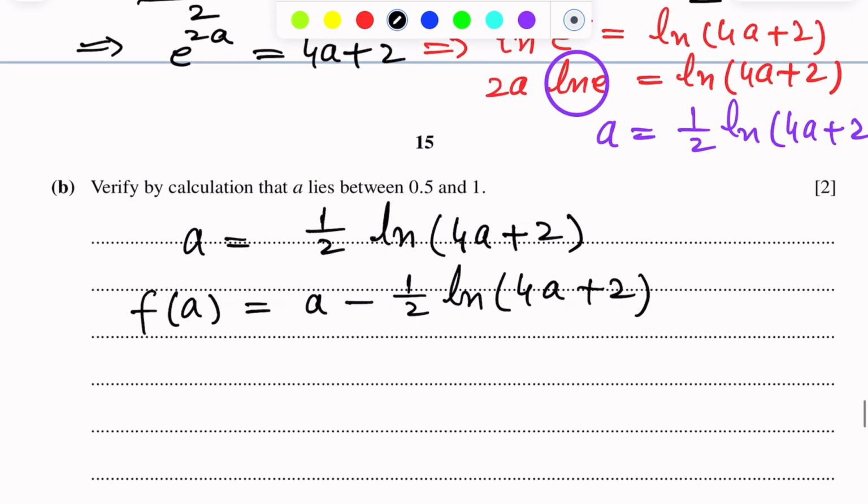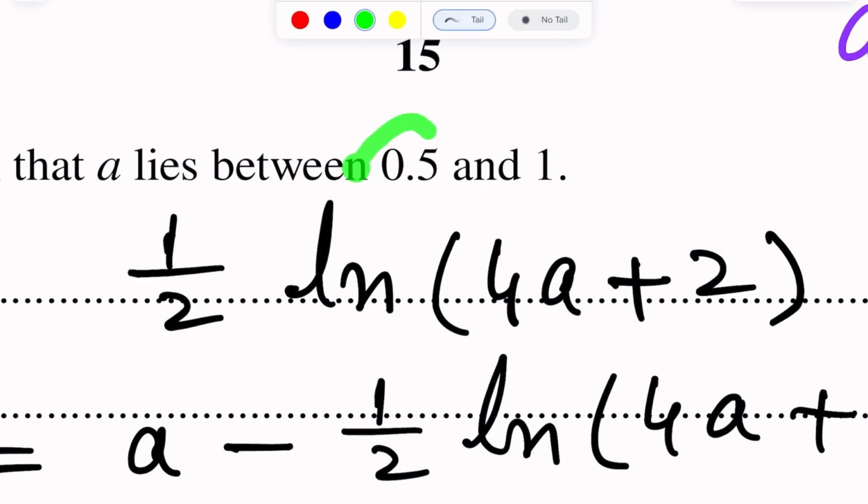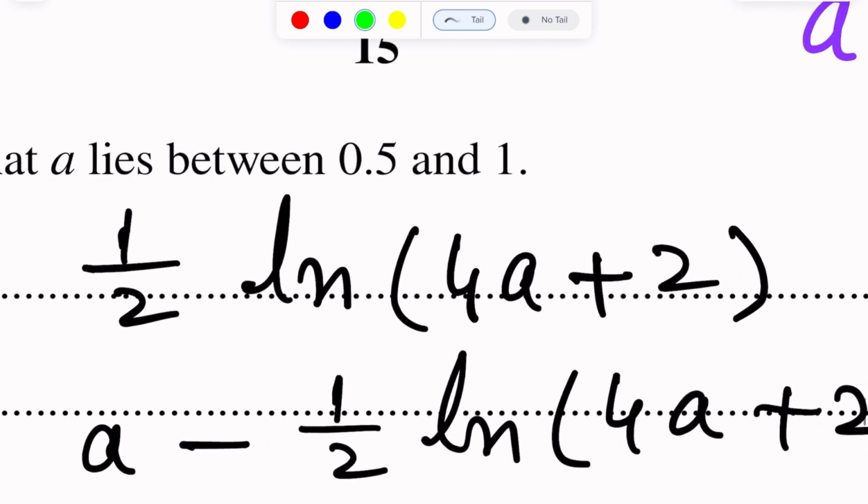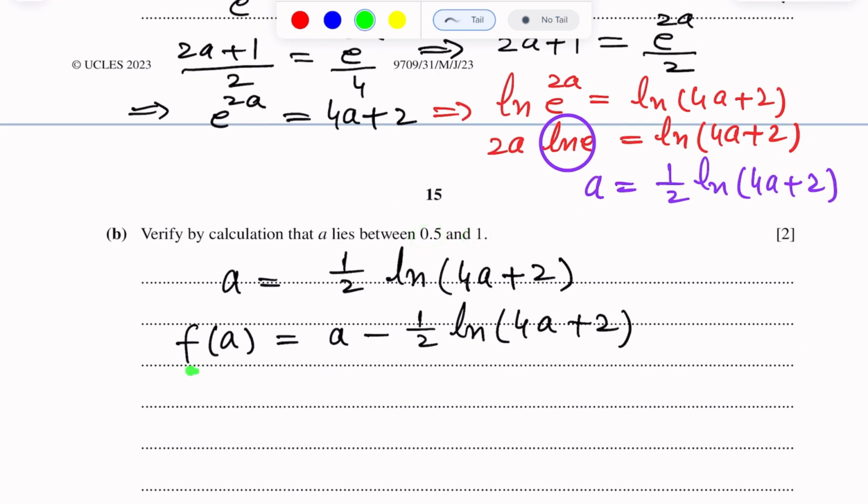Now we will put these two values, 0.5 and 1, in place of a separately in this function. Then we will check the sign.